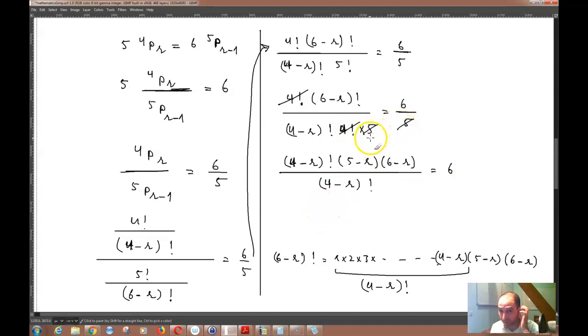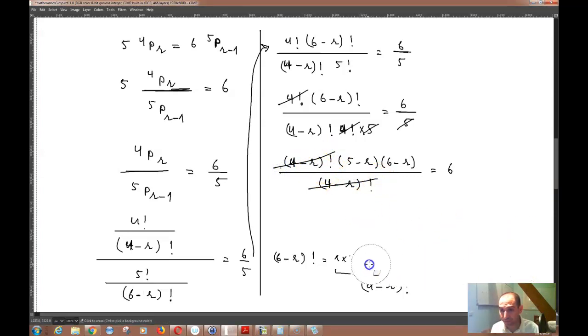This 5 we have already simplified, and then you can simplify these two, and so you have 5 minus r times 6 minus r is equal to 6. So that is 5 times 6 is equal to 30 minus 5r minus 6r plus r squared is equal to 6.